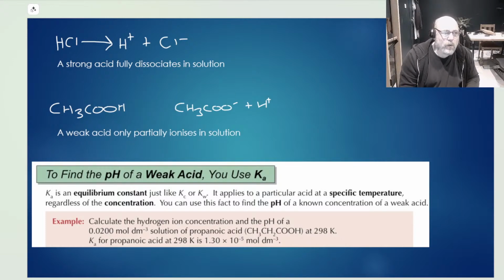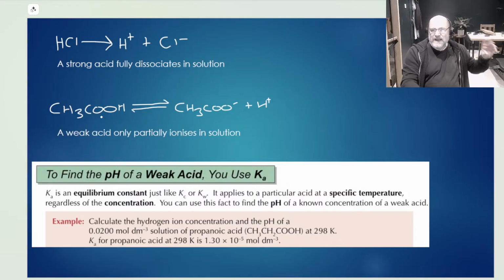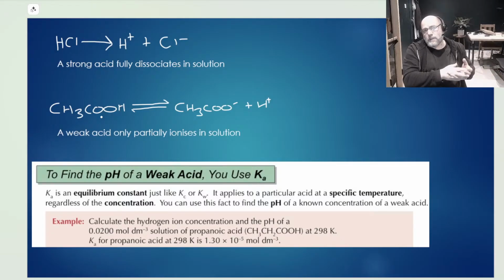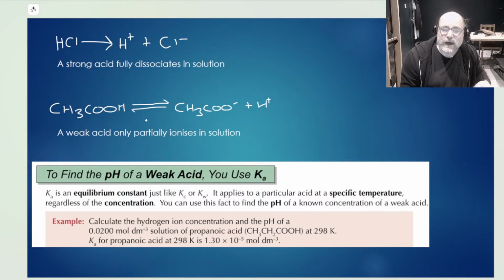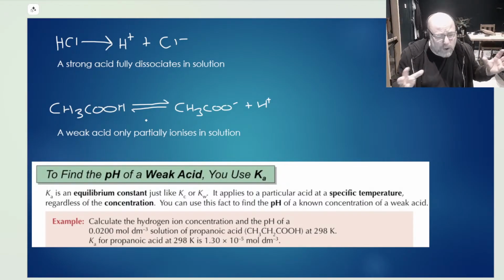So what this means is, imagine you have 8 million ethanoic acid molecules floating around in a little test tube. If you dissolve ethanoic acid in water, 7.9 million will remain as ethanoic acid, and only 100,000, a very small amount of the overall molecules, will break up.